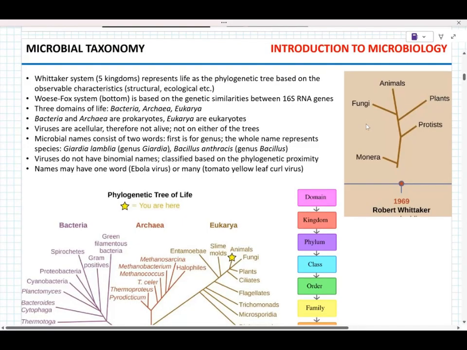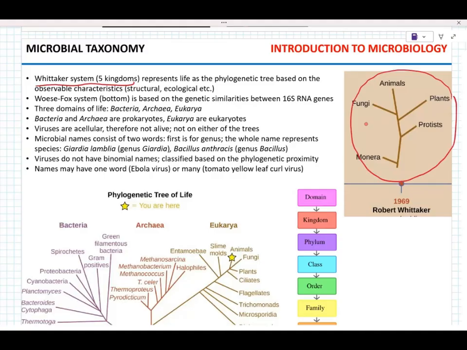So how do we classify microorganisms? Originally it was Carl Linnaeus, but the Whittaker classification that was widely accepted in the mid-20th century relied on 5 kingdoms: Monera, protists, plants, fungi, and animals, which were based on observable characteristics, such as structure or ecology.